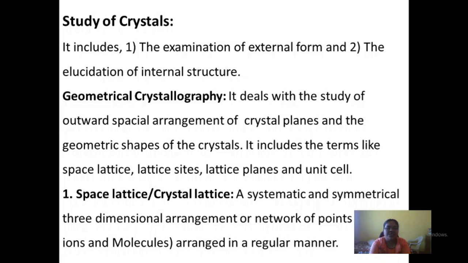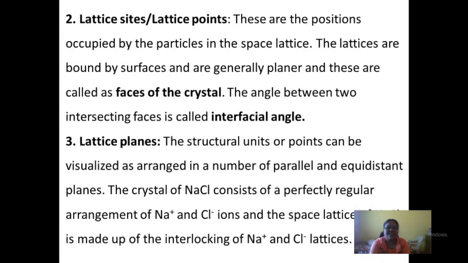Space lattice, also called crystal lattice: a systematic and symmetrical three-dimensional arrangement or network of points, that is atoms, ions and molecules arranged in a regular manner, is called space lattice.